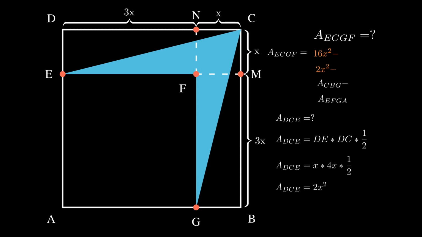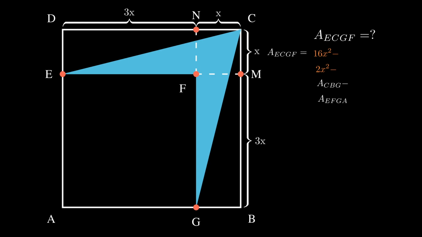Next, we take the next area, which is the area of the triangle CBG. Calculating this area is done in the same way as for the triangle DCE. Triangle CBG is a right triangle in B, and we can calculate the area as the height of the triangle multiplied by the base divided by 2.